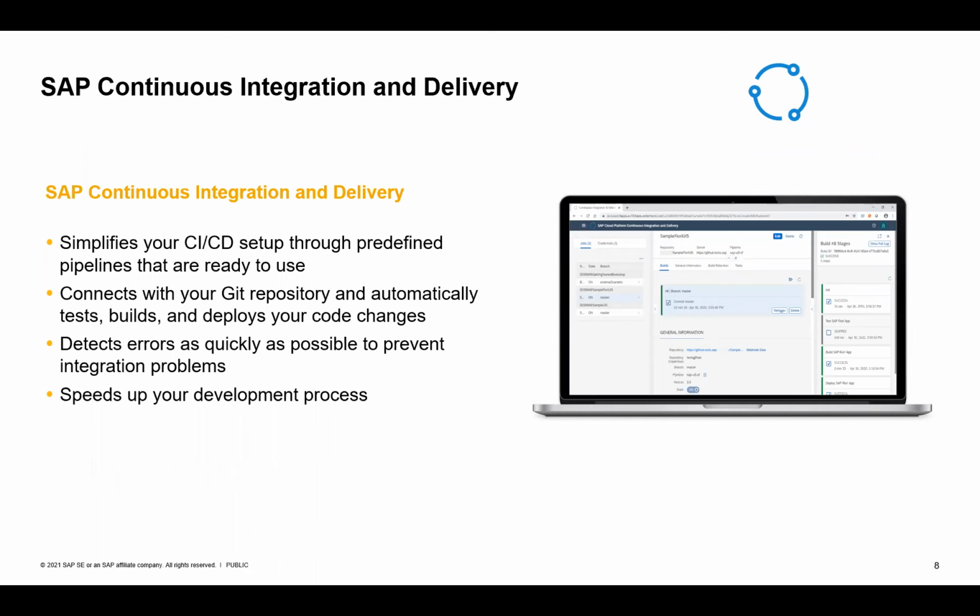So as part of this workshop, you will see also our SAP Continuous Integration and Delivery service. That's a cloud service which lets you configure and run predefined pipelines. Currently, we support SAP UI5 Fiori projects and projects that follow the SAP Cloud Application Programming Model.